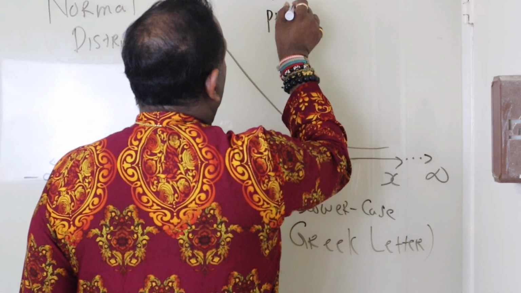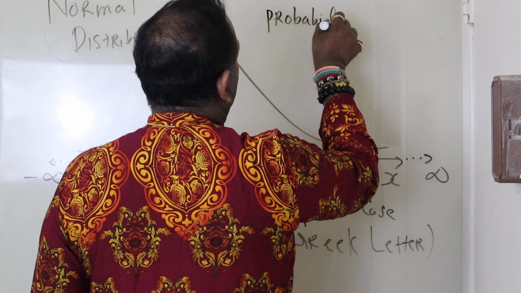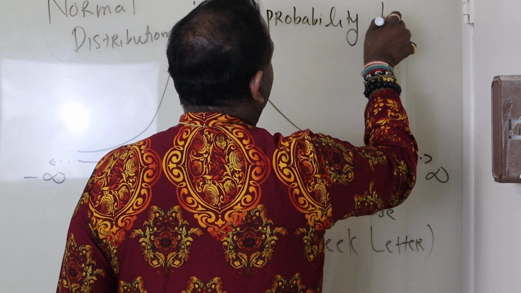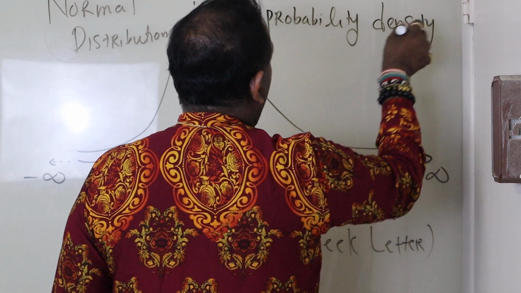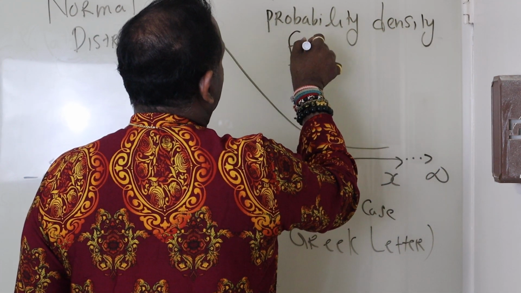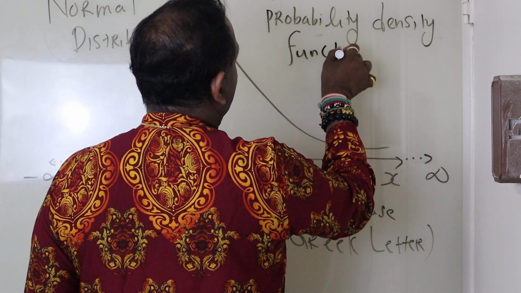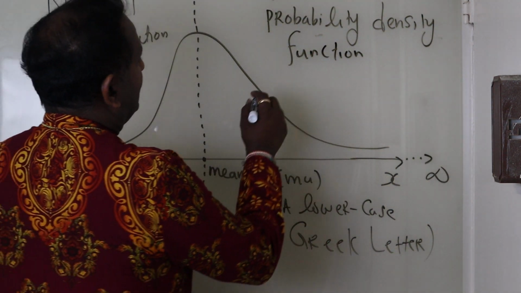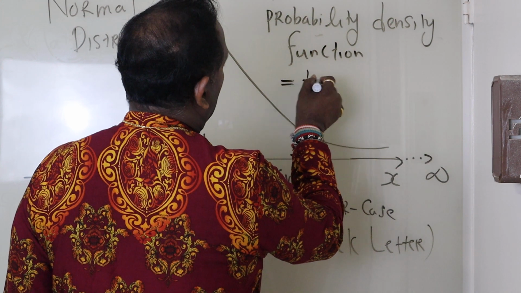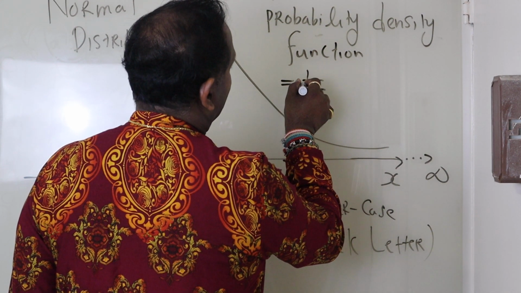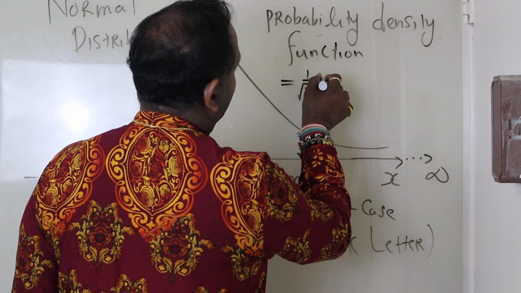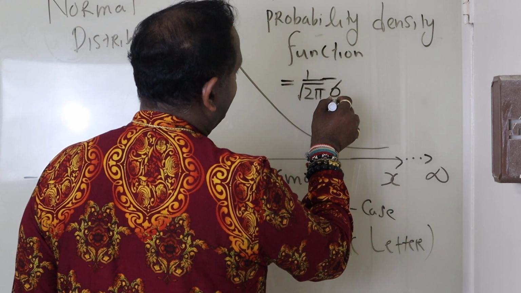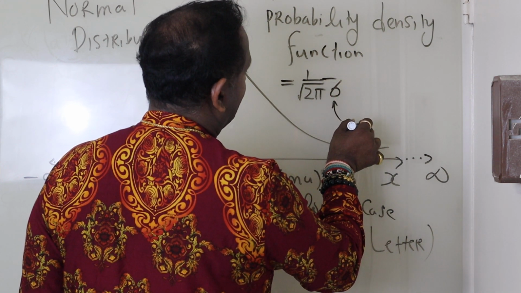Probability density function. It's abbreviated as PDF. What's its formula? Its formula is nothing but 1 over square root 2 pi sigma, something called sigma. See, this is called sigma.